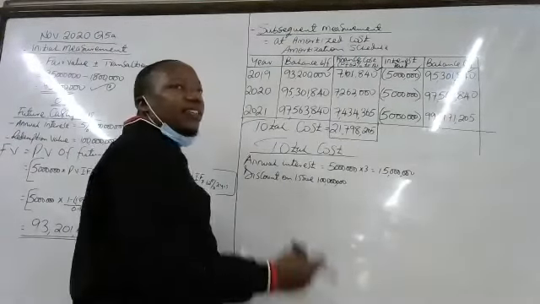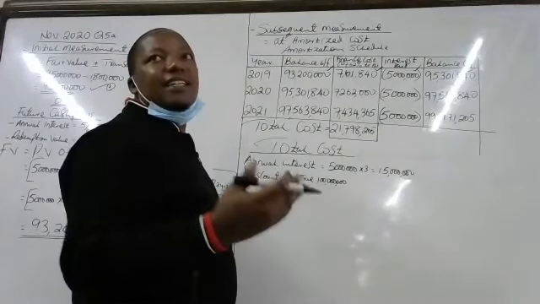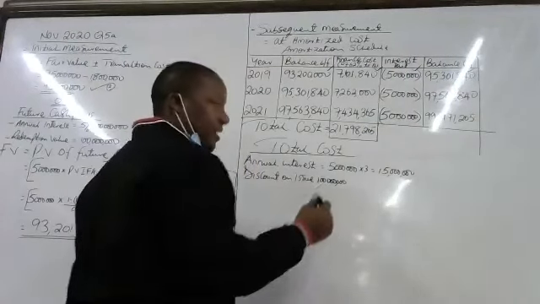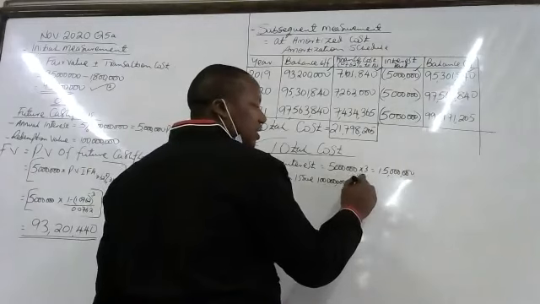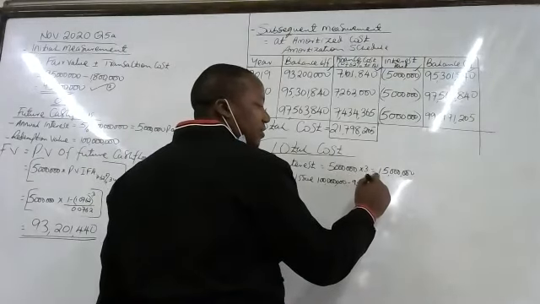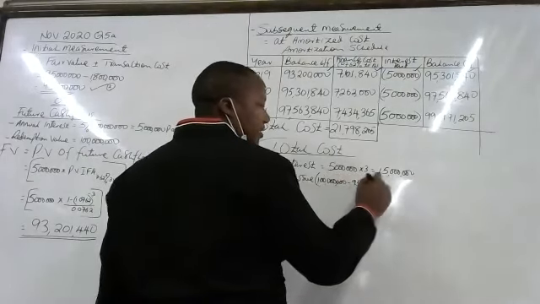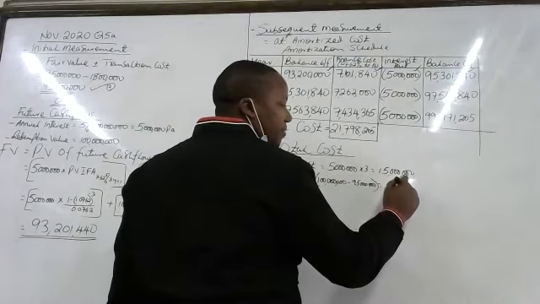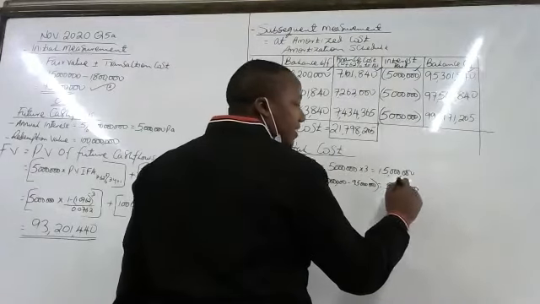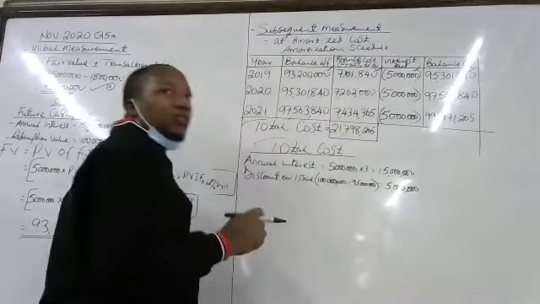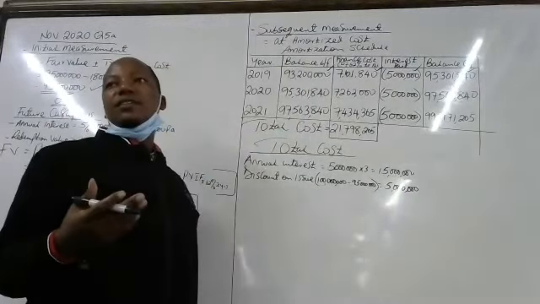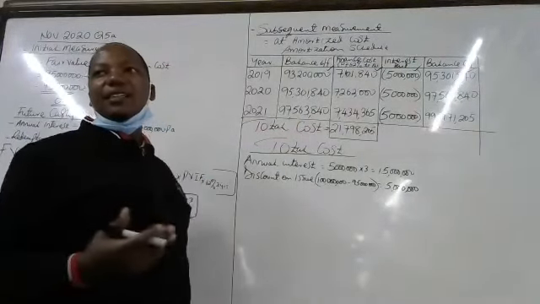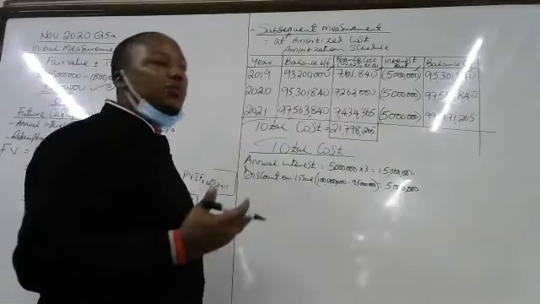But they issued it at 95 million. So we can say it was issued at a discount. Yes, a discount of 5 million. That is a cost. Because you receive 95, you will pay 100. So that's a cost to the borrower.